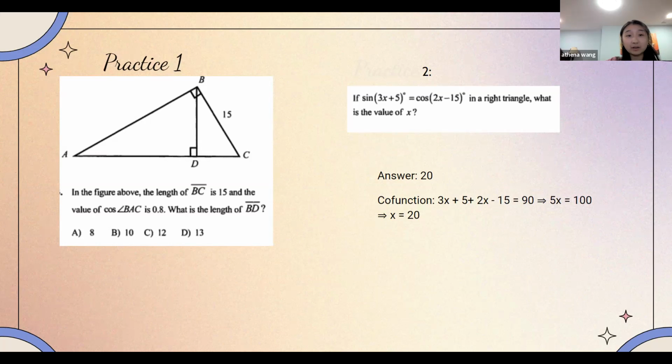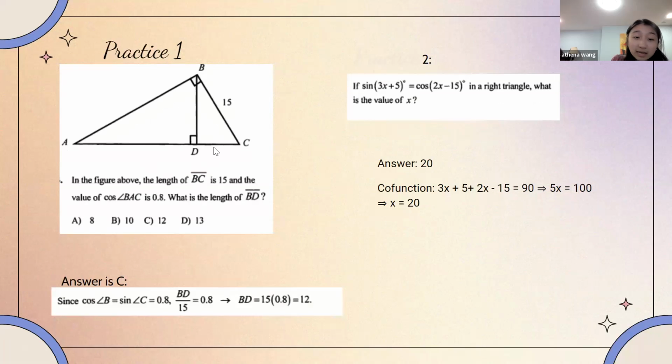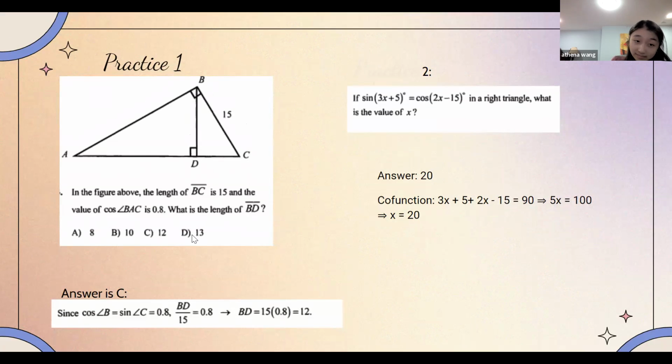Okay, I will go over these real quick. I know this one's answer was already on the slide, but this first one wasn't. If we know that cosine of BAC is 0.8, we use our cofunction, so sine of angle C would then be 0.8. Sine of angle C is also just BD over BC, so BD over BC is 0.8, and 0.8 times 15 is BD, which equals 12.